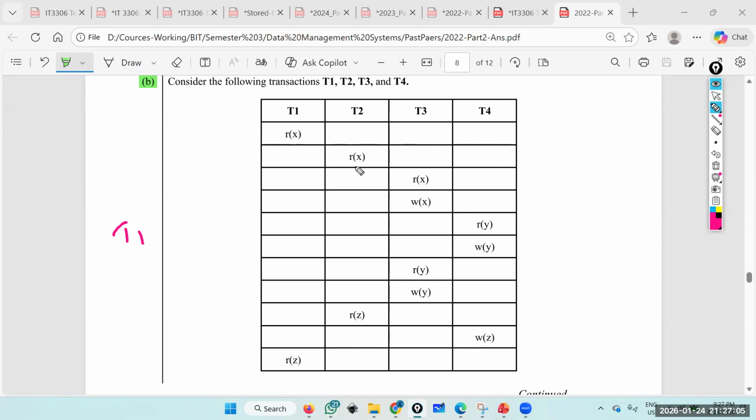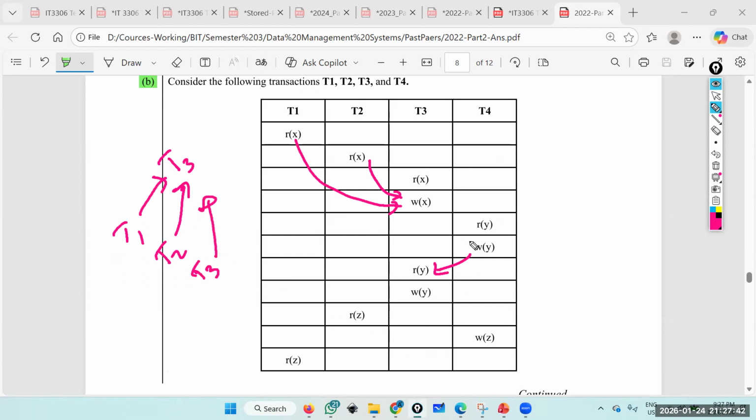Read, no issue. Say both are read. This is again read. This is write. So that means there's a read to write conflict. T1 to T3, T2 to T3. Read time from top to bottom. This is the first time Y is read. This is the same transaction. This is write, read. T4 to T3.